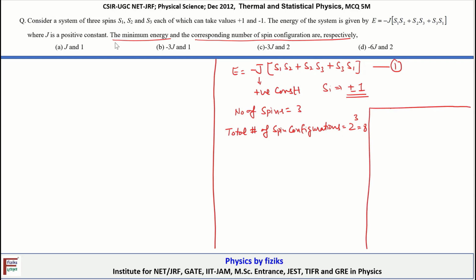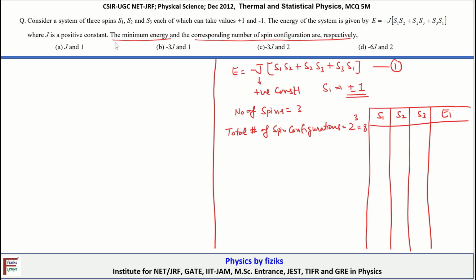I will assign a value of +1 or -1 to each spin, S1, S2 and S3. We are going to make a table, and with the help of the table we will work out the possible energy values also, where the energy Ei is determined by using equation 1. Let's first list the various possibilities of the spins.